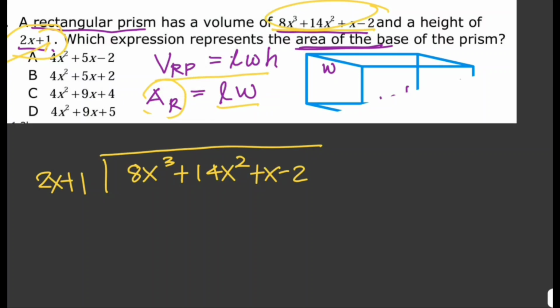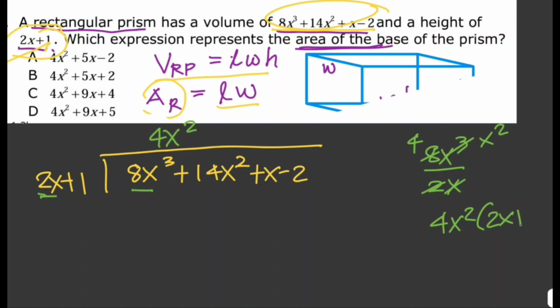Now to solve this by long division, we only divide the first terms. So we start with 8x cubed divided by 2x. The x here cancels out, then we're left with x squared. Then 8 divided by 2 is 4. So we have 4x squared.